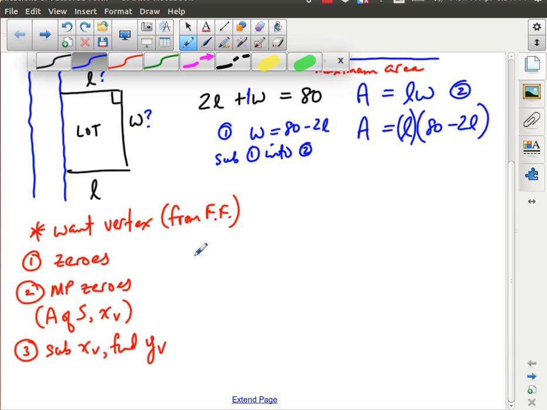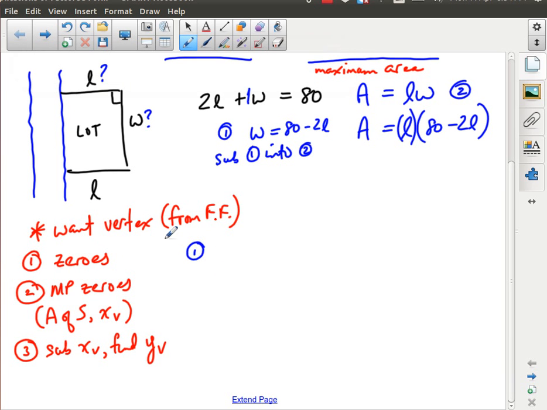So let's just move over here. I'll do them beside. In order to find the zeros, in the past what we've done is set y equal to 0. But I don't have a y in this case. What is my dependent variable? It's the letter a. So I'm going to set a equal to 0.